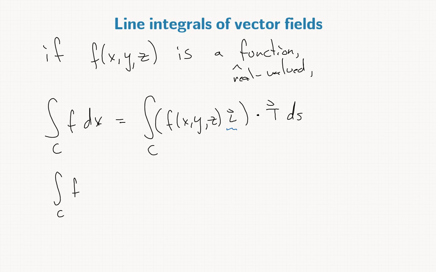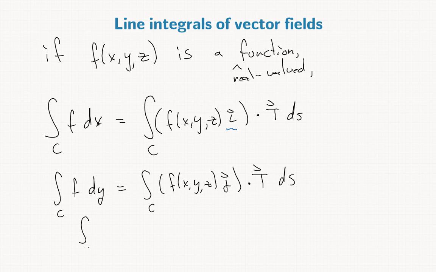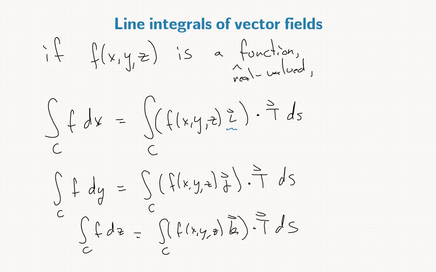And then similarly, we define the integral of f dy over this curve to mean, turn this into the vector field describing the coefficient of j, and then f dz is k, and then that dot T ds.